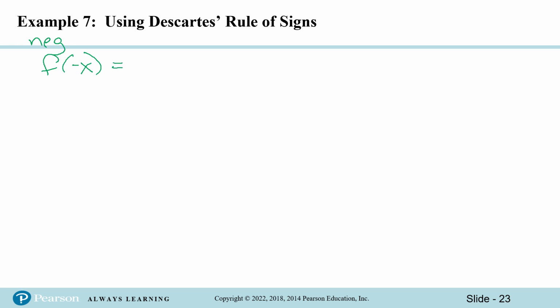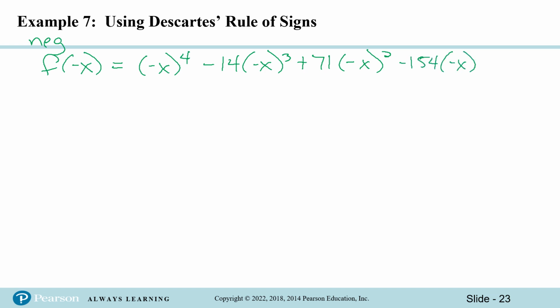So we plug in negative x, minus 14, plug in negative x, plus 71, plug in negative x, minus 154, negative x plus 120. Simplify that.